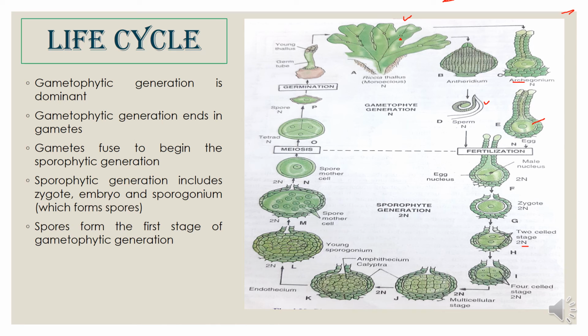After fertilization, the zygote is formed, and the zygote undergoes repeated division to form the embryo.